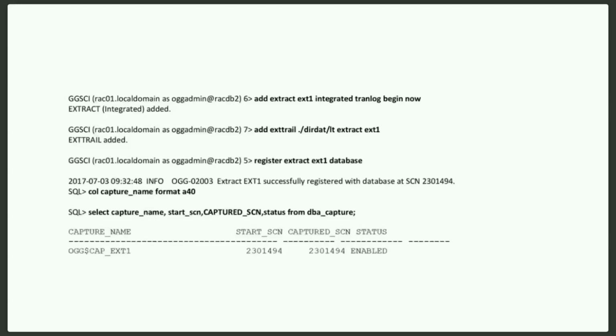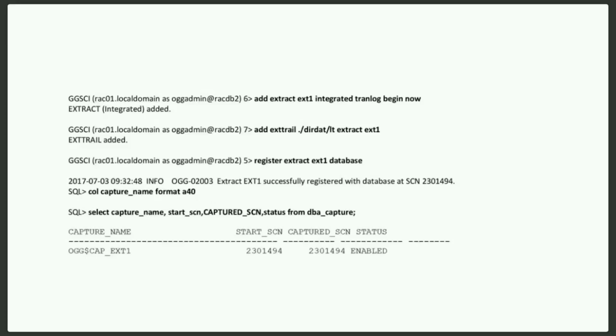So here's an example of configuring the integrated extract. When we configure the integrated extract, we have to register it with the database. So you can see the register command being shown there. And what it does is create a capture process. If you have used Streams in the past, then you would have seen a capture process showing up in the DBA_CAPTURE view.